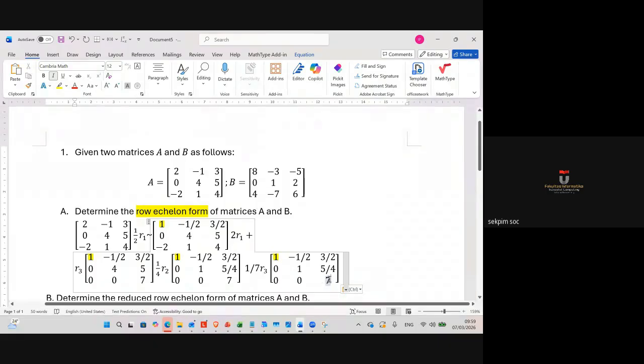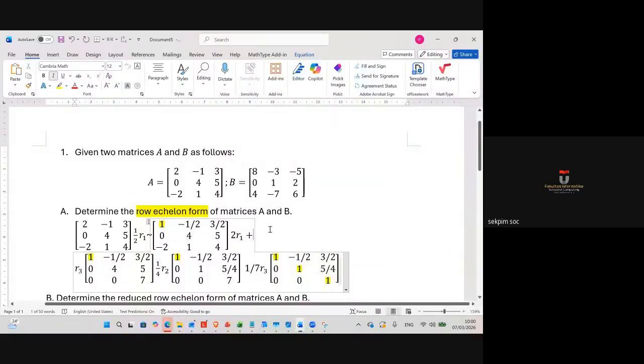So we have 7 here, and 7 times 1/7 is just 1. So you see, we have a pivot in every row here, a leading 1, and this is just an upper triangular matrix. So this is what we call row echelon form. This is the row echelon form of the given matrix A.